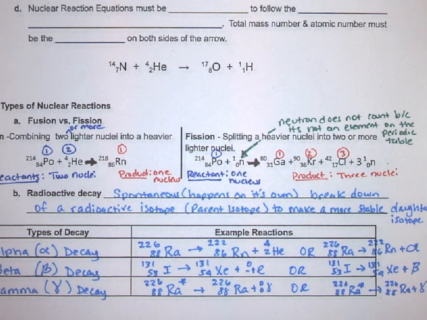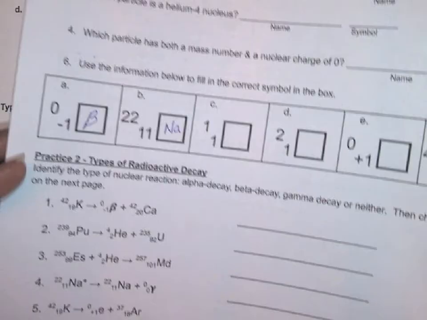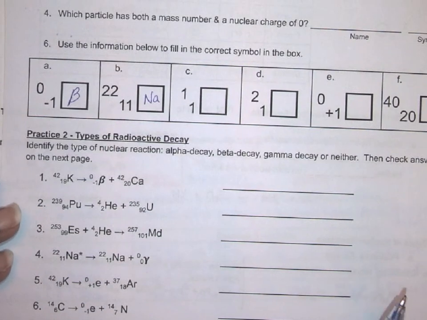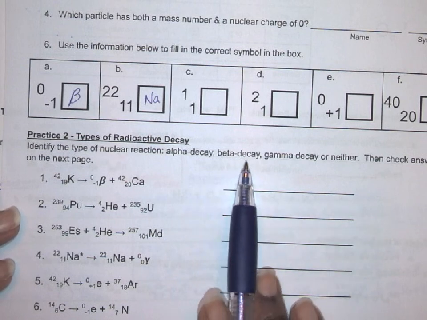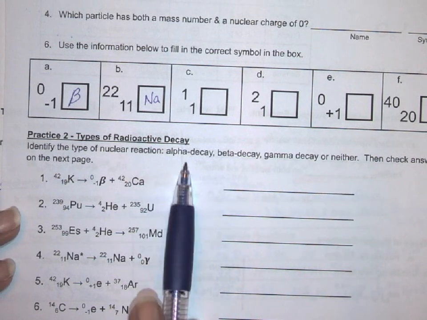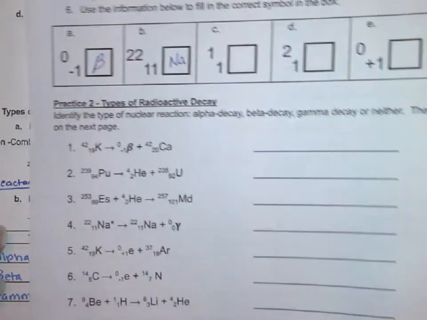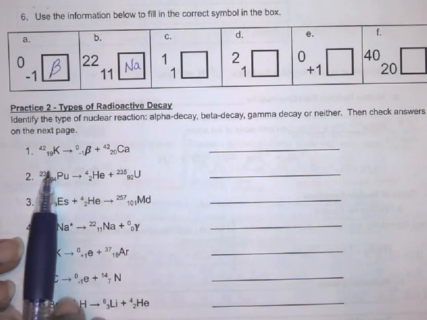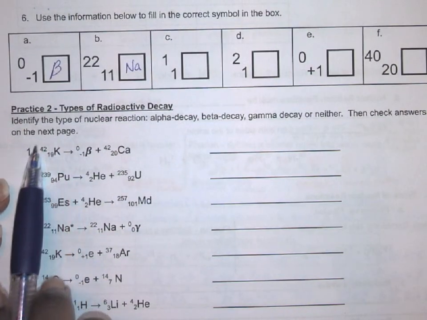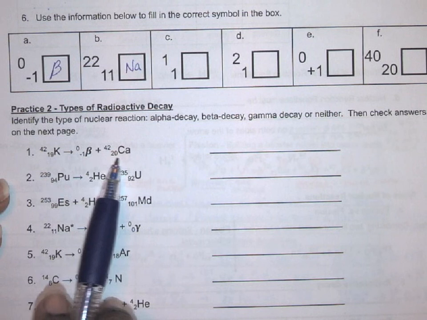All right, once you've done that, now it's time to do some more practice. So in this case for the practice, what we're going to focus on is, can you identify what type of reaction this is? Alpha, beta, gamma decay, or neither. If it's not one of these three types of decays, you would write neither. So for example, in this first reaction, I see I have one reactant and I have two products.